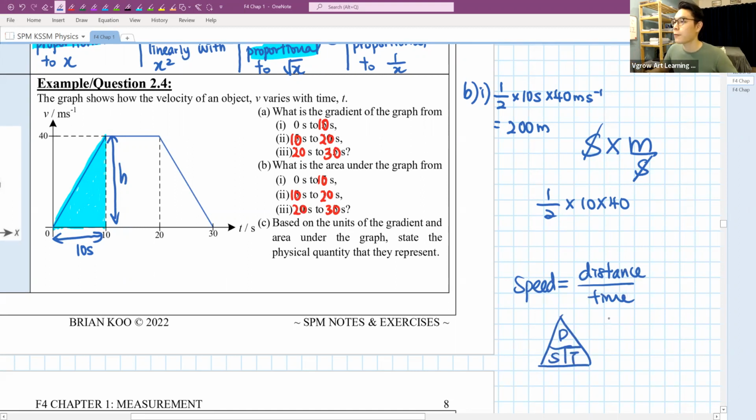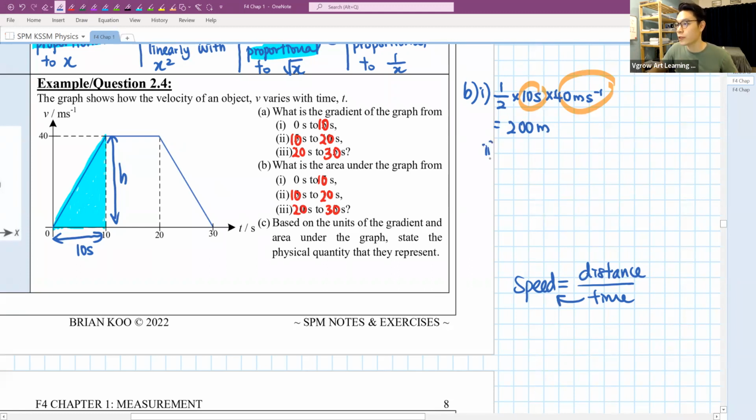Now we are looking for the distance in meters. Distance is speed multiplied by time. So the area we will get is in meter for this case.